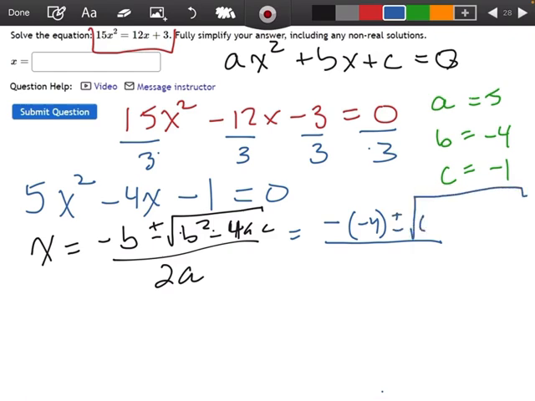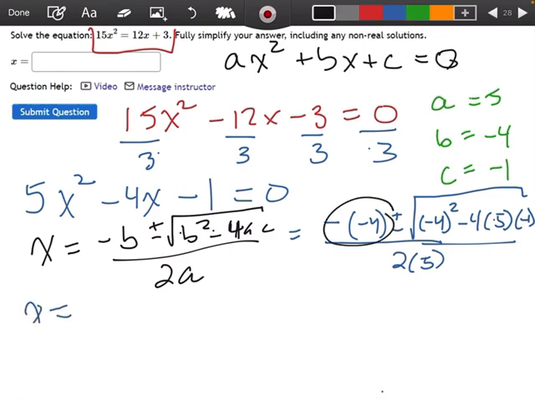B squared, so negative 4 squared, minus 4 times A times C, all divided by 2 times A. So let's see, x equals, right here, y'all, that's going to be a positive 4, plus or minus big old square root. 4 squared is 16. Let's see, 4 times 5 is 20. That's going to be a positive 20, all over 10.